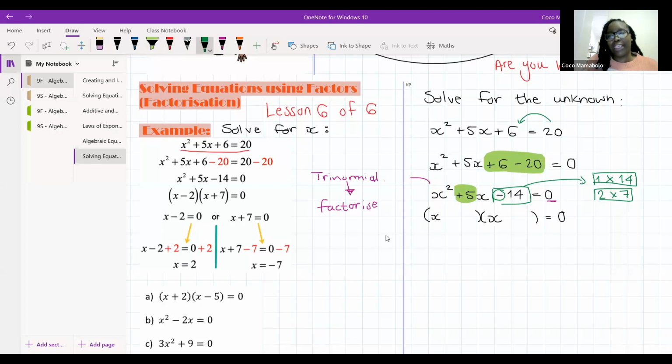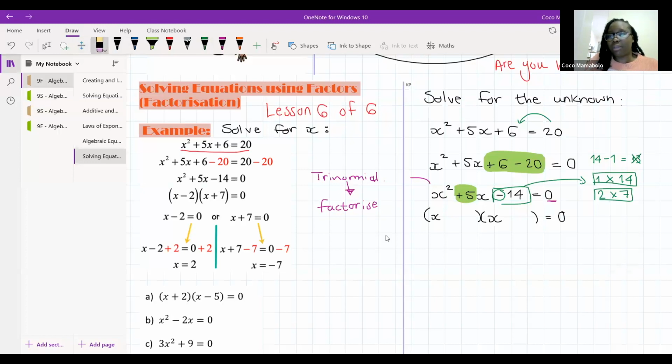I'll give you a hint. If I go 14 minus 1, that's going to give me 13, and 13 is not the number that I want. I want 5. Can you think of any other 2 numbers between the 2 pairs that we have over here?